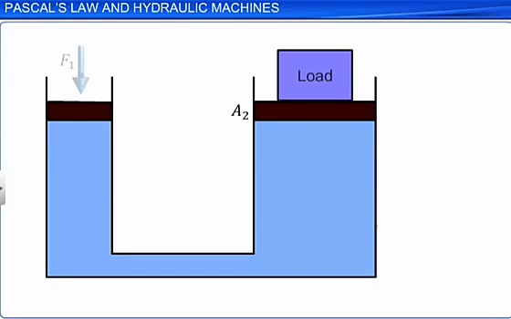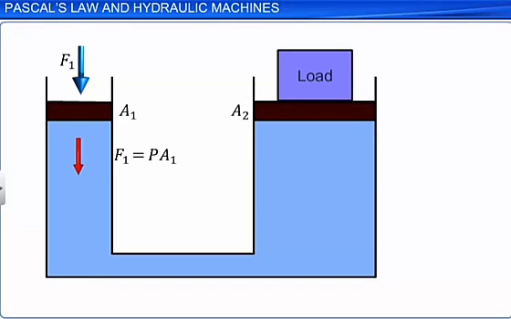Let a downward force F1 be applied on the smaller piston A1. According to Pascal's law, this pressure F1 divided by A1 is transmitted equally to the piston, where A1 is the area of cross-section of the smaller piston.